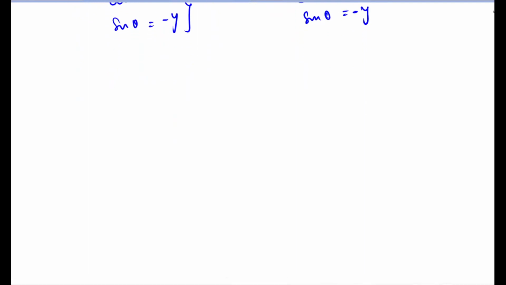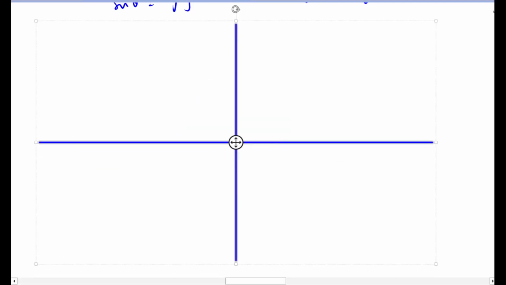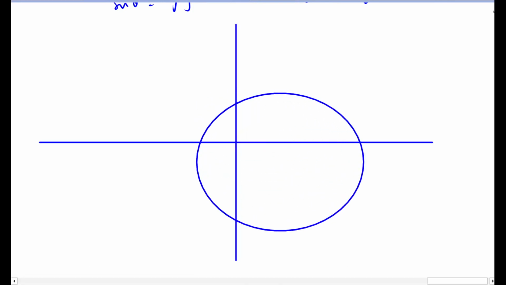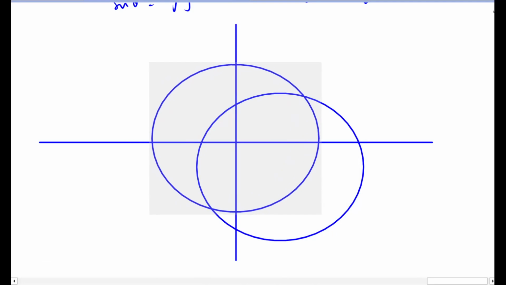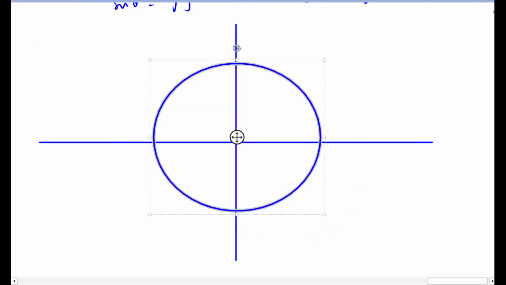So we can show it in the Cartesian coordinate system. If we have a point P here in the first quadrant, x comma y.